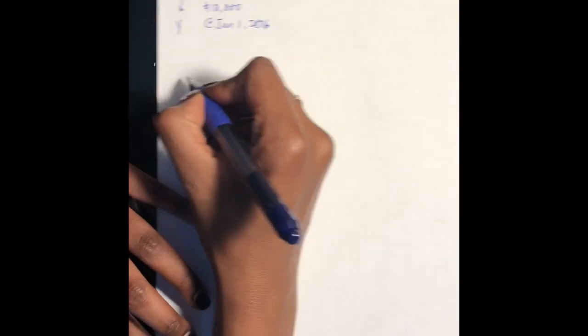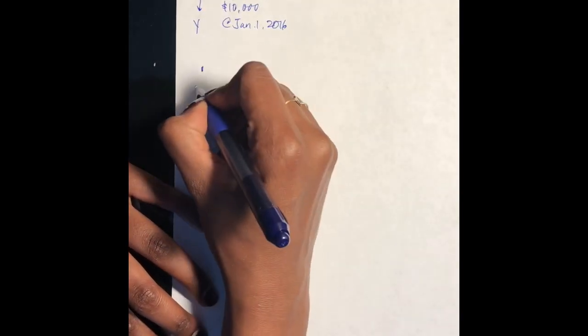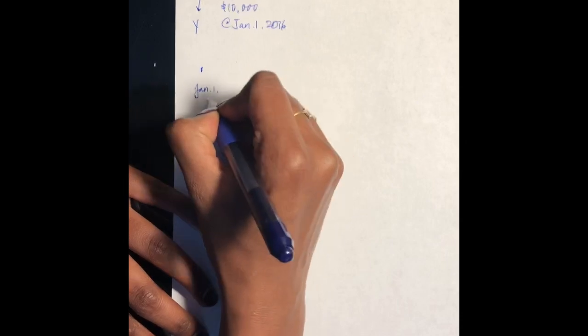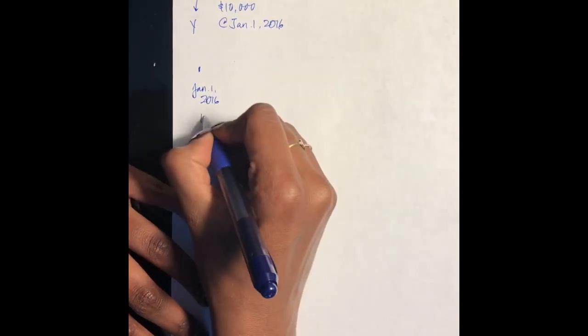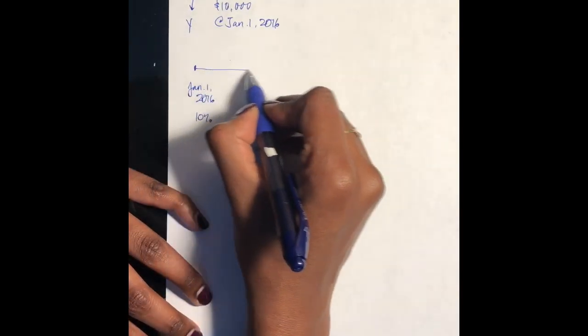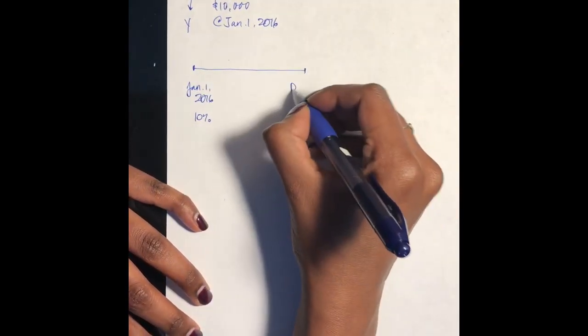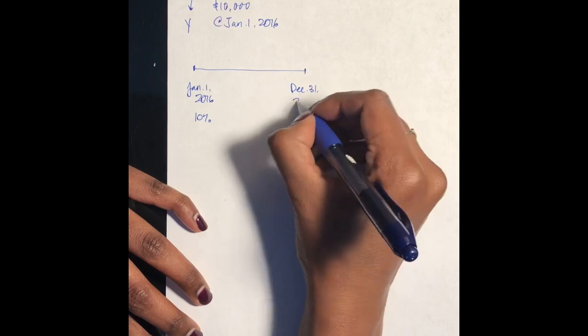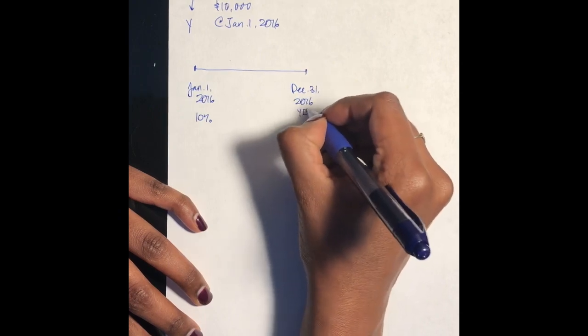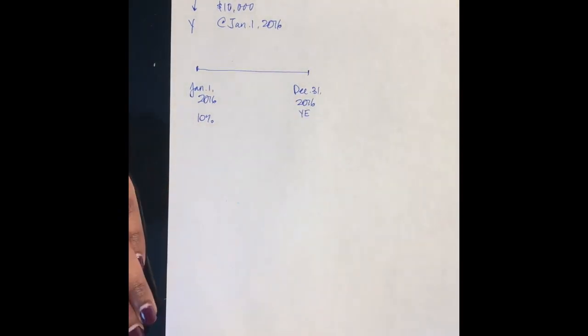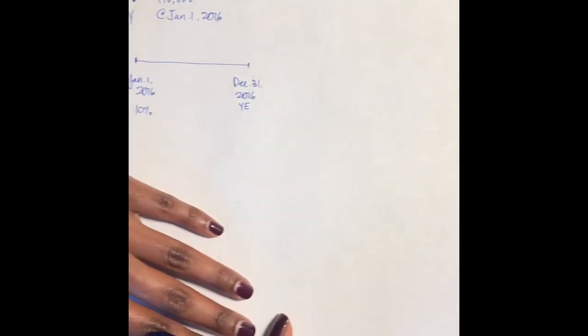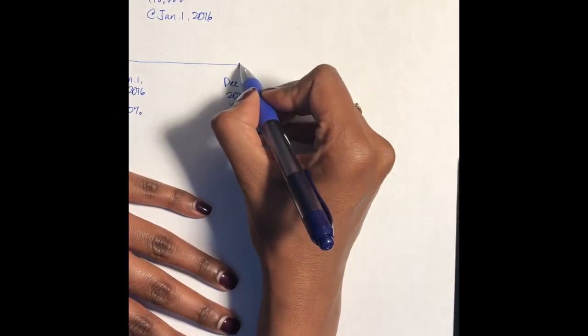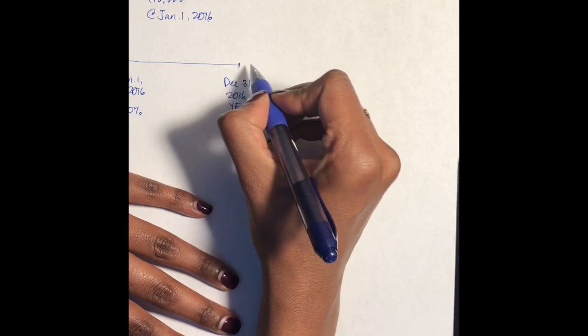So hold on, let's draw out a timeline. On our timeline, we have January 1st, 2016. This is when they acquire 10%. Then we hit the December 31st, 2016 year end. This is when you book any year-end entries that you have. And now the problem starts talking about March 31st, 2017.